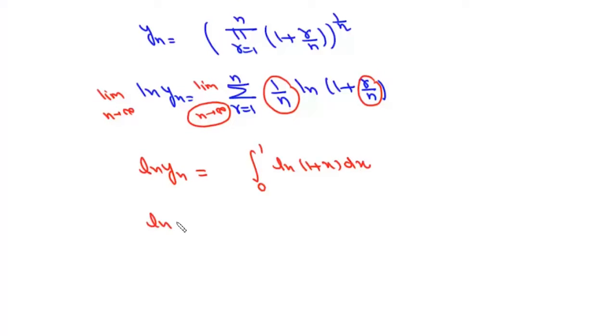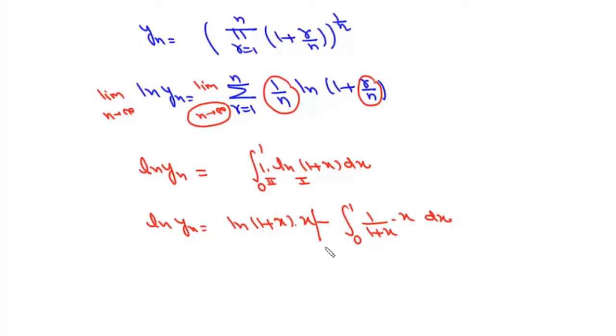So we write this as log yn, and this is 1 into log this. So we'll use integration by parts. So this is log(1 plus x) into x minus this integral from 0 to 1 of 1 upon (1 plus x) into x dx.